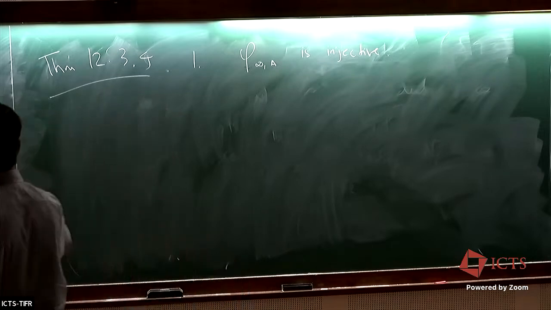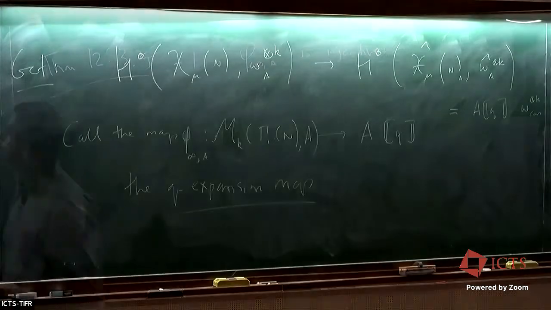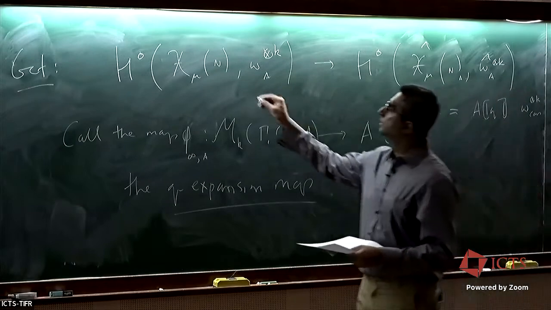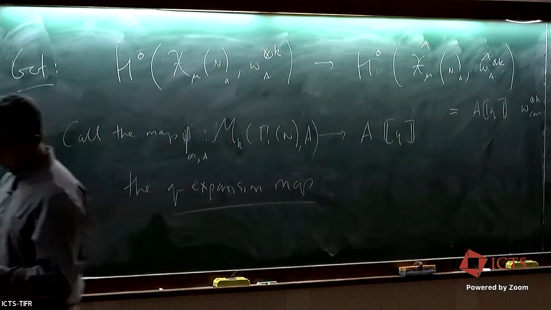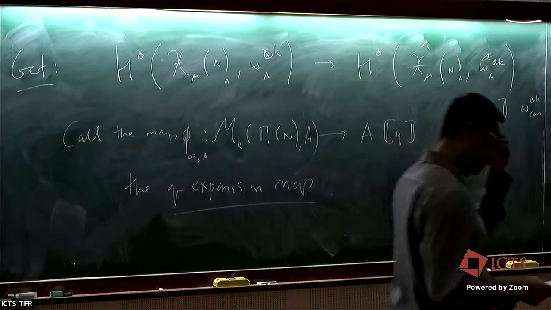Ah, yes, there's a sub A here also. Everything is over A. Every ring is a Z-scheme, so do some base changes.